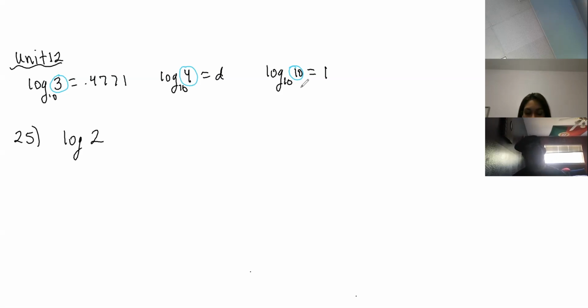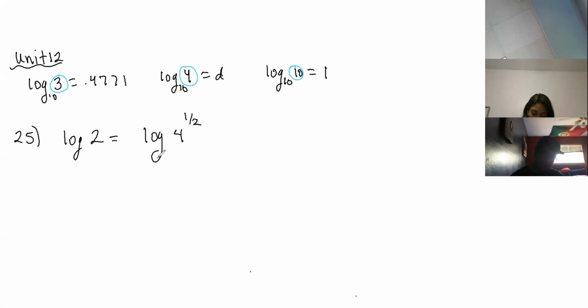Remember, radicals are the same thing as exponents. Oh, we could use the log of 4 to the 1/2. Good job. Do you agree that 4 to the 1/2 is the same as the square root of 4, which is the same as 2?